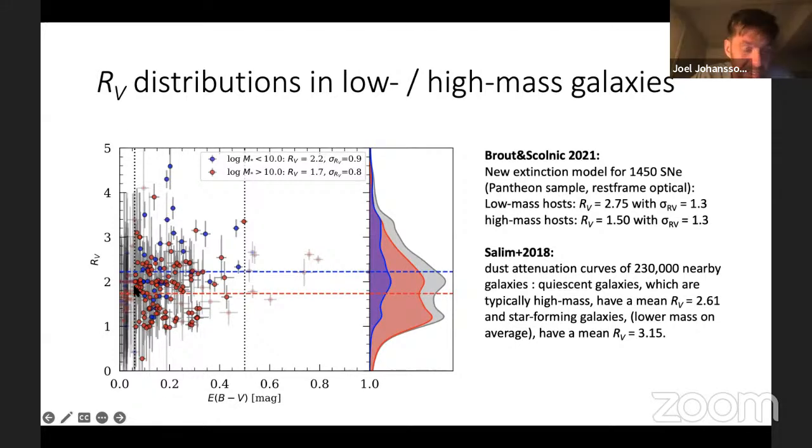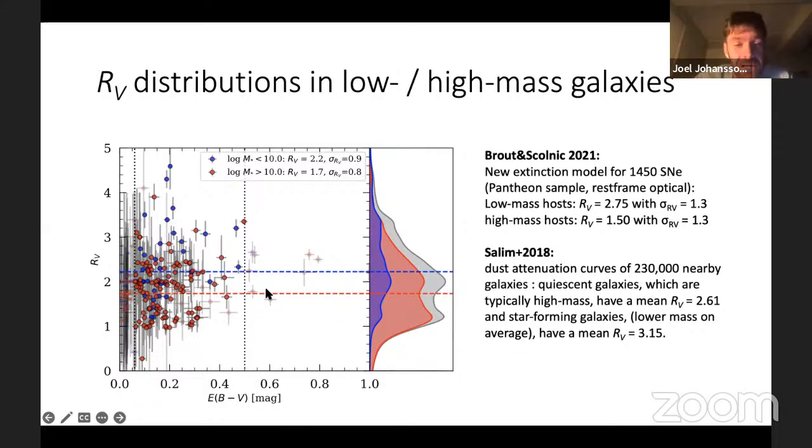Conversely, if you go to extremely high color excess, we have a lot of supernovae with a color excess greater than 1. But then it's a bias: in principle, we can only find supernovae that are highly extincted and have a low RV. It's the product RV times E(B-V) that tells you what the absolute extinction is, right?